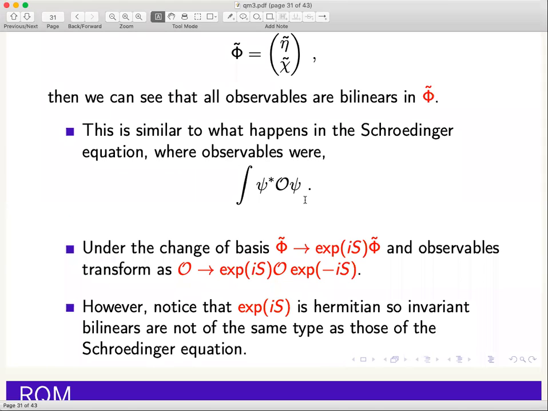Suppose this is a unitary transformation. Multiply by e to the is, and you can figure out how O transforms versus how psi transforms without ever knowing how psi star transforms. Yeah, I'm not sure, but I'll check. No, certainly, because all you have to do is to decompose identity in terms of U and U dagger.